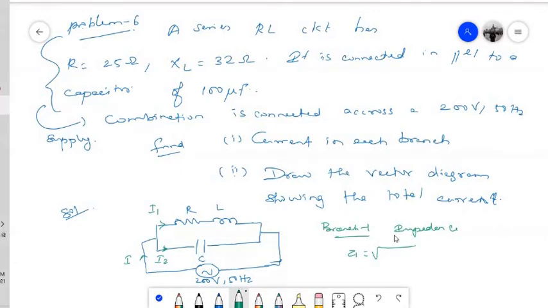It will be the root of R square plus XL square, where XL is already given as 32. So that is the root of 25 square plus 32 square. You must be getting around 40.6 ohm.